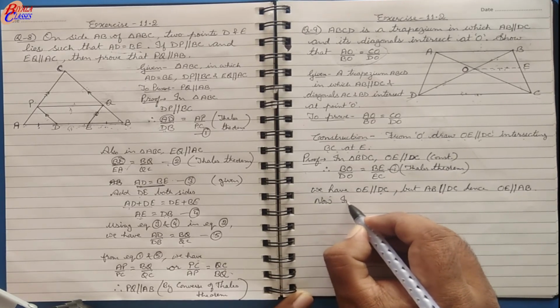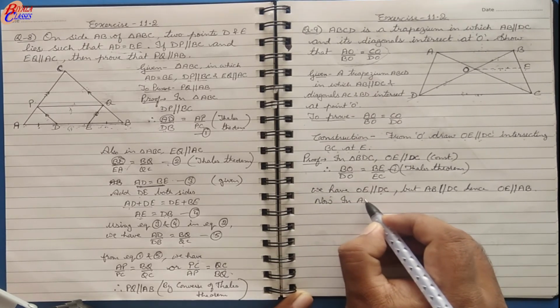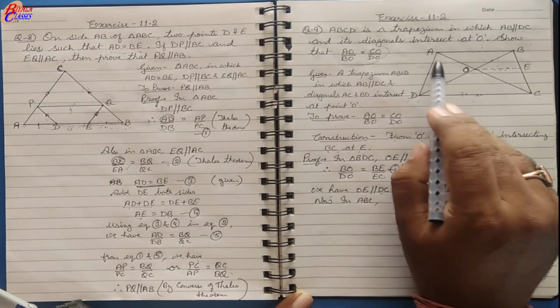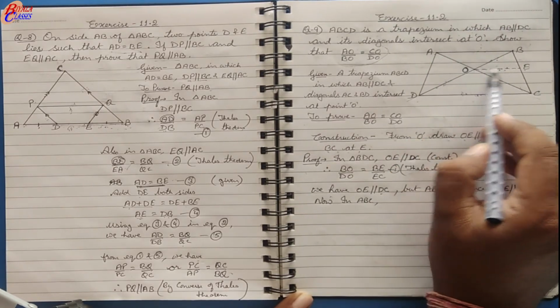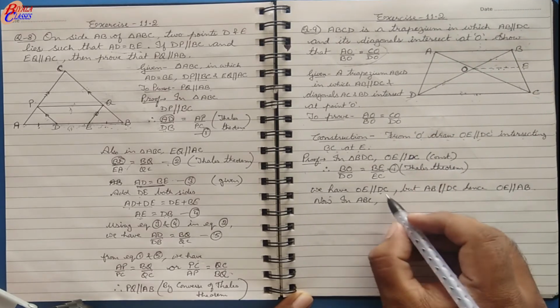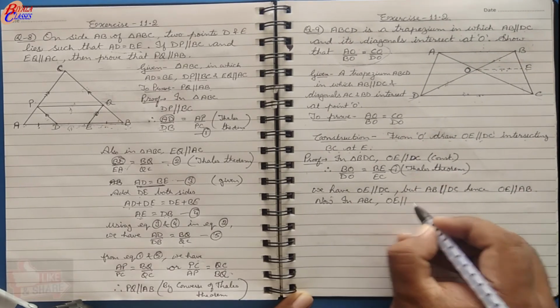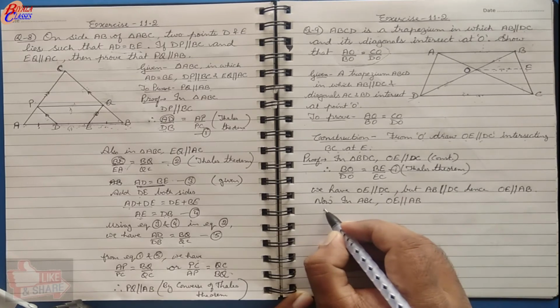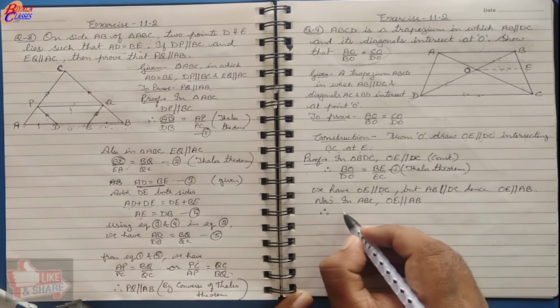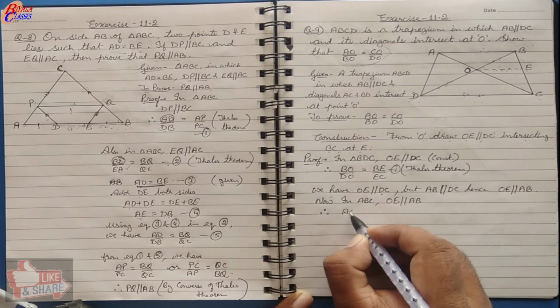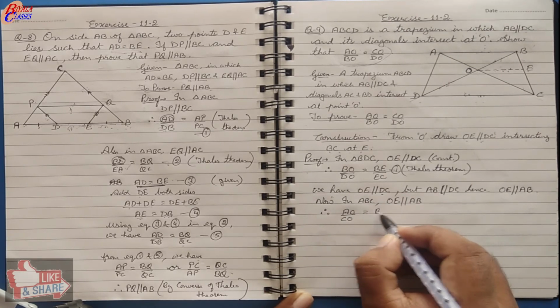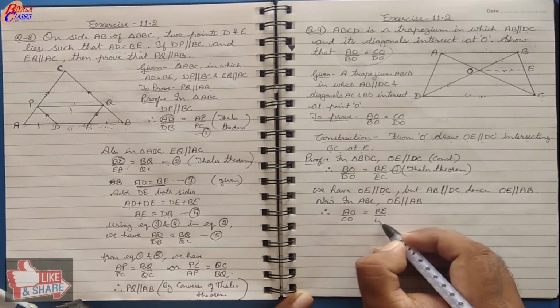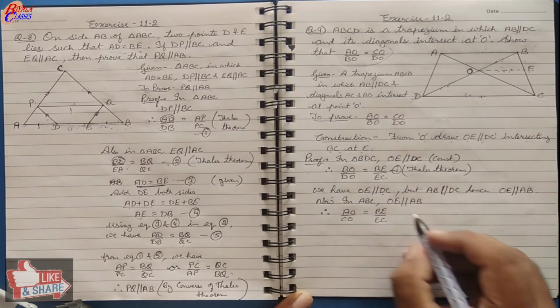Now consider triangle ABC. If you consider OE, it is parallel to AB. Therefore, you will have AO upon CO equals BE upon EC.